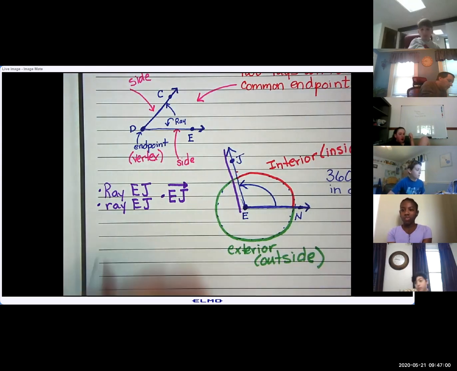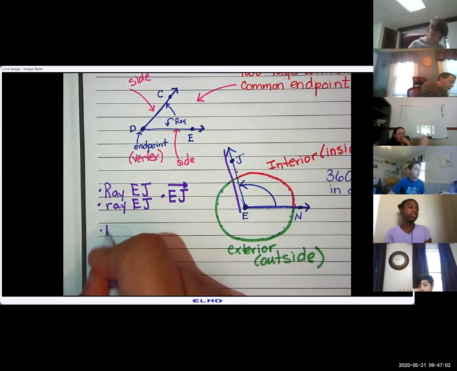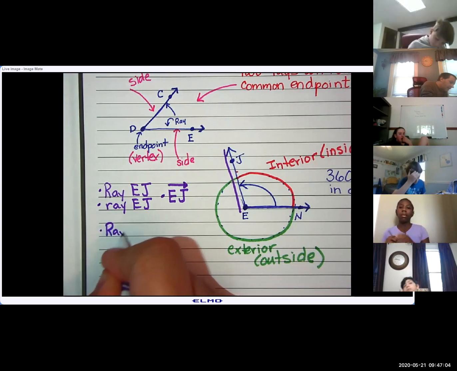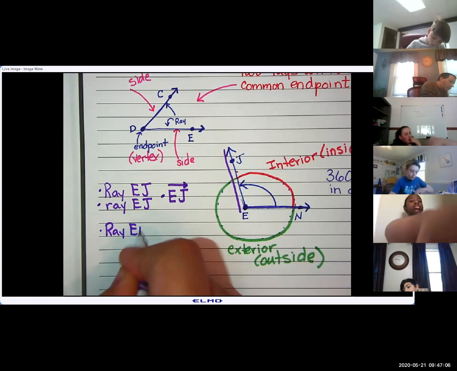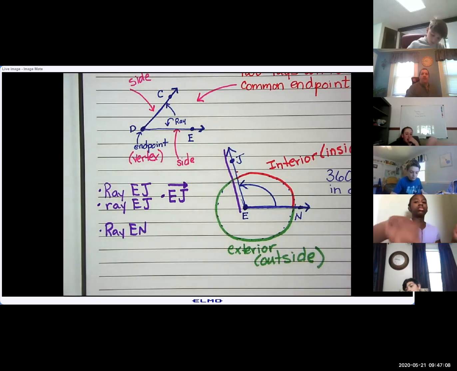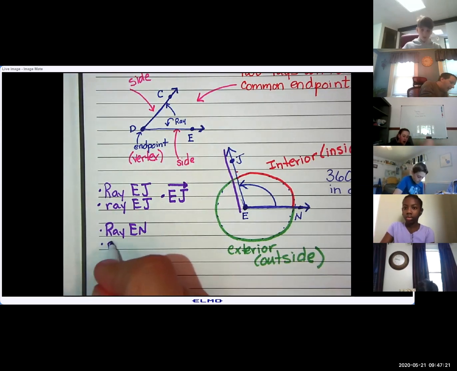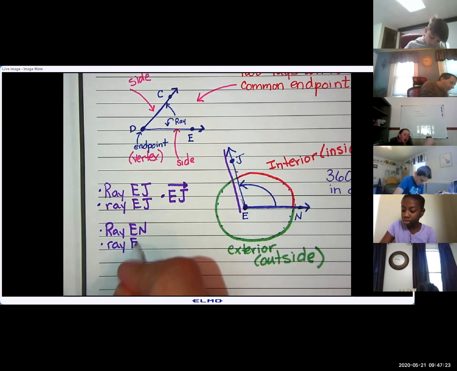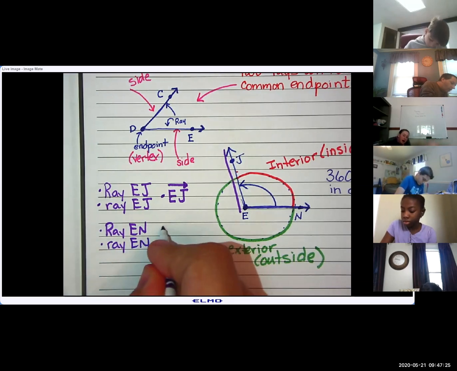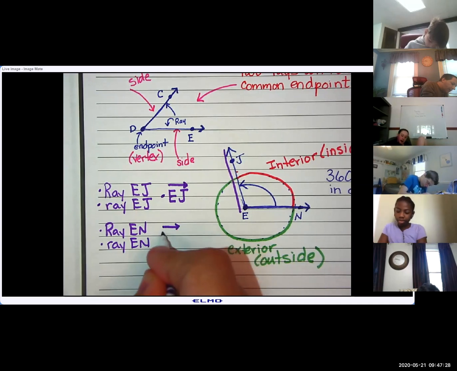Right. So again, we can call this ray EN, and we always use capital letters. We never use lowercase. Lowercase letters are used for our variables, remember? Way back, I said we always use lowercase. This is why. Or we could call it ray EN.